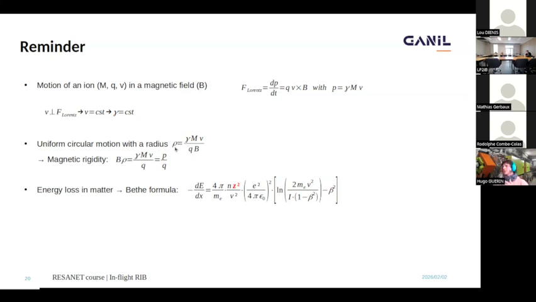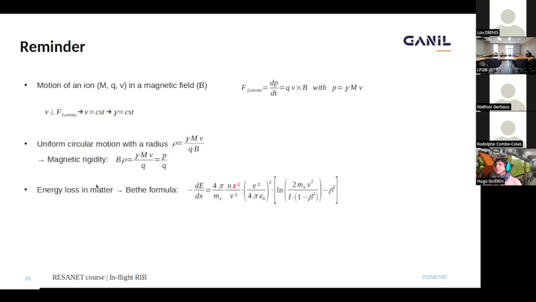And this leads us to the magnetic rigidity, which is in fact the only thing you have to know about the ion in the in-flight method. This magnetic rigidity, we call it B rho, so magnetic field times the radius. And this B rho is p over q, so gamma m v over q.